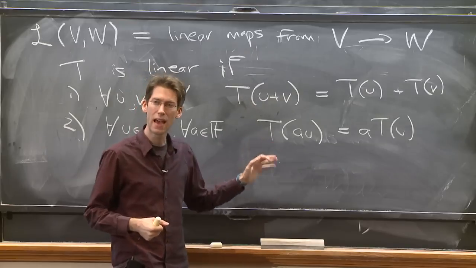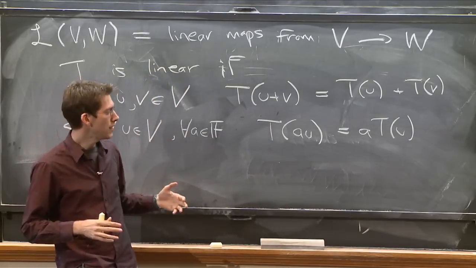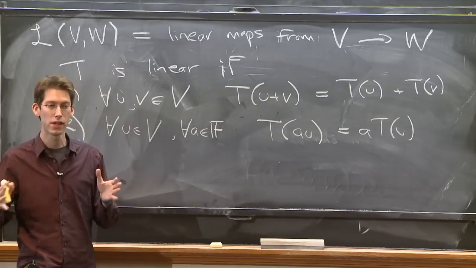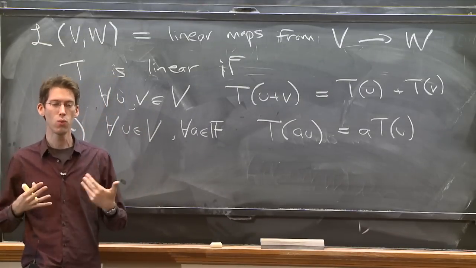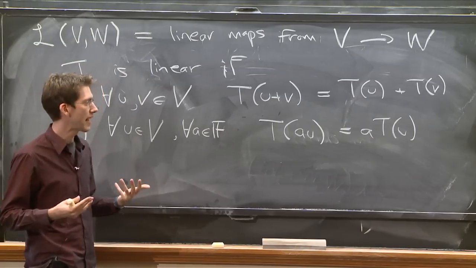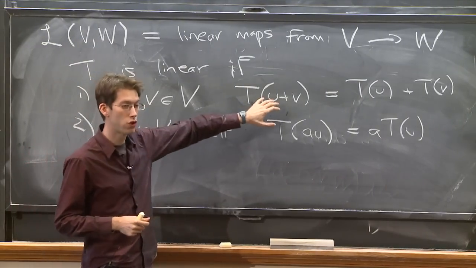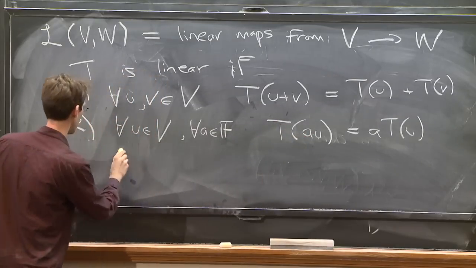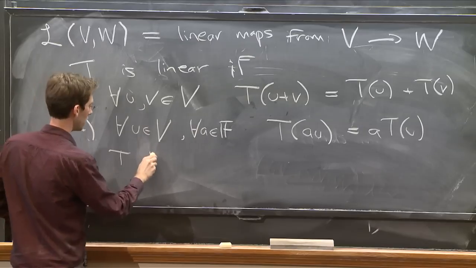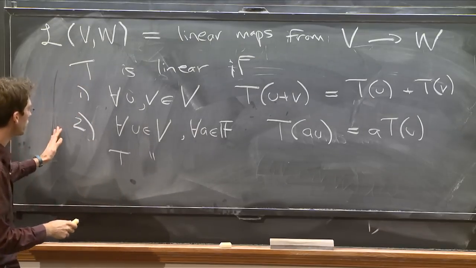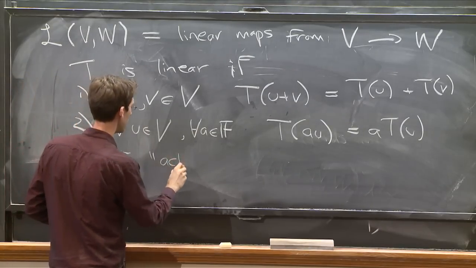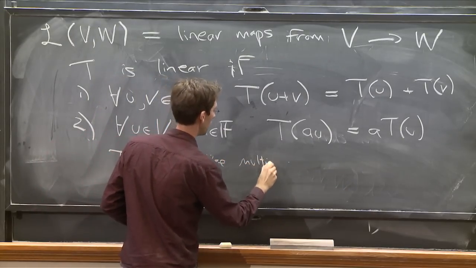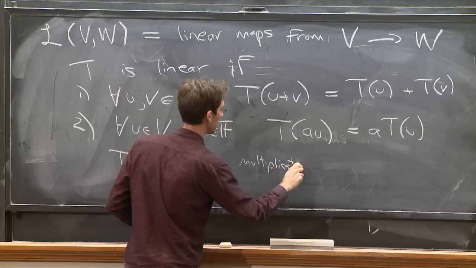So if you put these together, what this means is that T essentially looks like multiplication. The way T acts on vectors is precisely what you would expect from the multiplication map, right? It has the distributive property and it commutes with scalars. So this is informal. The formal definition is here, but the informal idea is that T acts like multiplication.